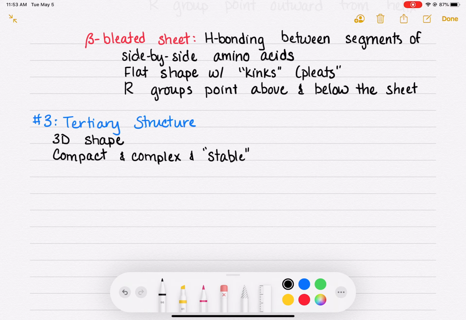So when the protein squishes and compacts itself into the tertiary shape, it helps to stabilize it. And it's more compact and more complex and more stable than the secondary structure.